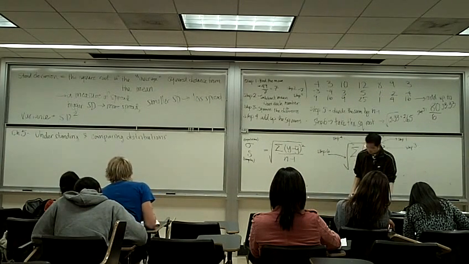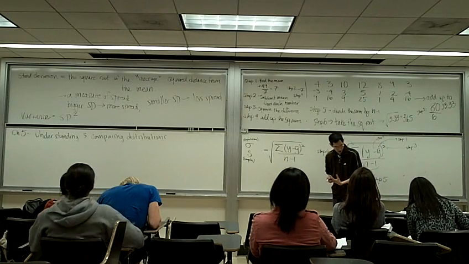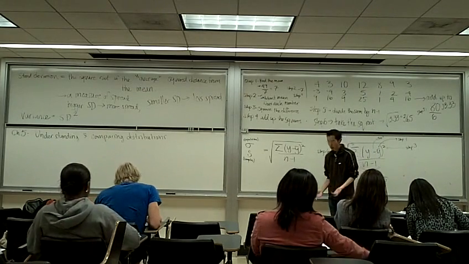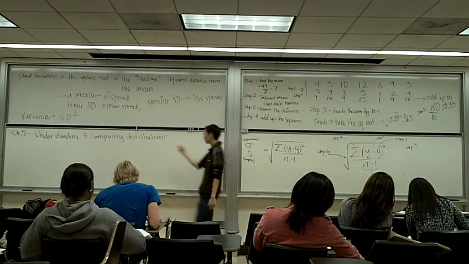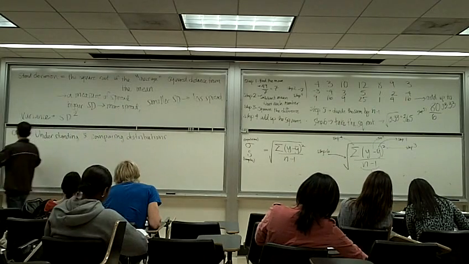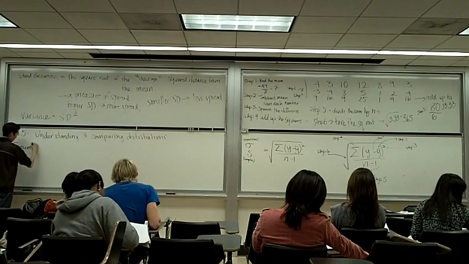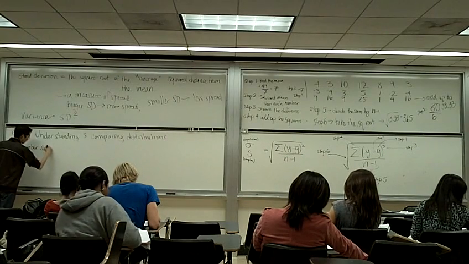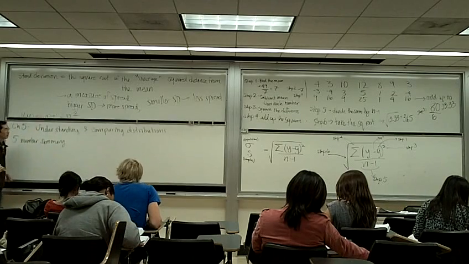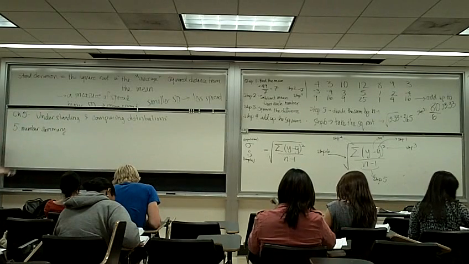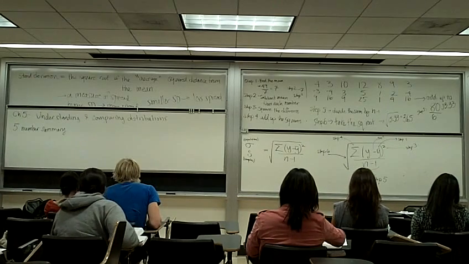Yes, it's about understanding comparing distributions. And the big tool that we're using here is the 5-number summary and the box plot, which is highly related to the 5-number summary. Okay, so let me just get into the 5-number summary here. The 5-number summary is called thus because it summarizes a distribution with 5 numbers.